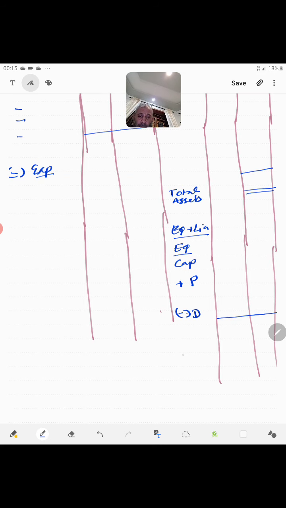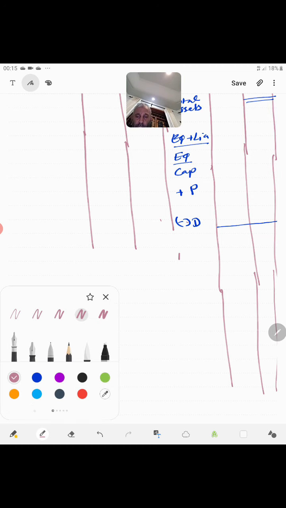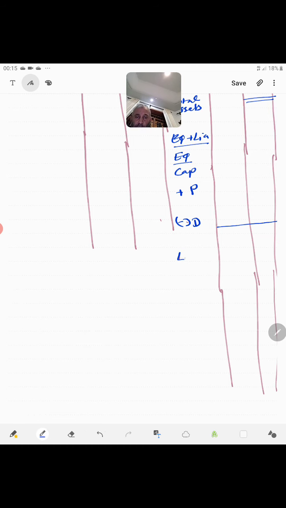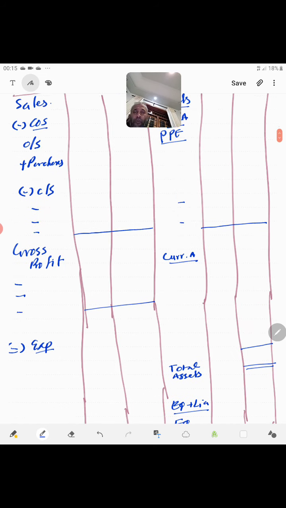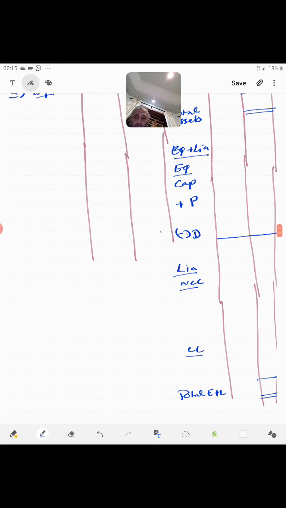Then you take that, and then we have liabilities, non-current liability, current liability, and we take the total. This is total equity and liability. So this is the format. Once the format is laid out, we will then go to the question again.